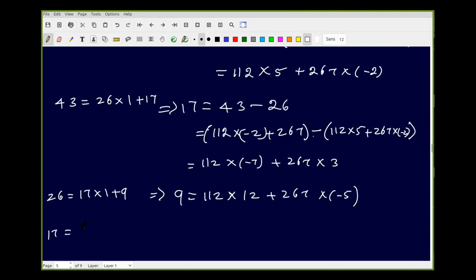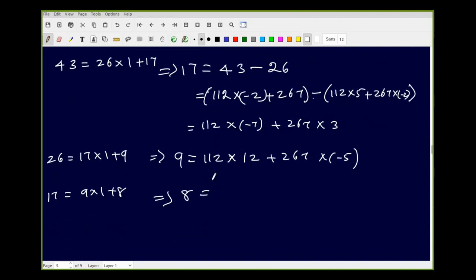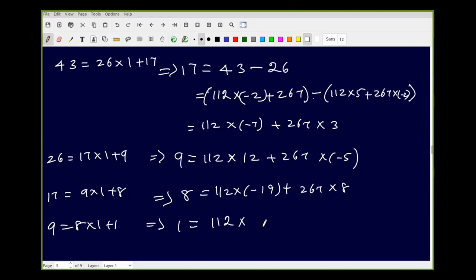And 17 equal to 9 times 1 plus 8. Here 8, by simple calculation, is written as 112 product minus 19 plus 267 product 8. And 9 is written as 8 times 1 plus 1. Here 1 is written as 112 product 31 plus 267 product minus 13.